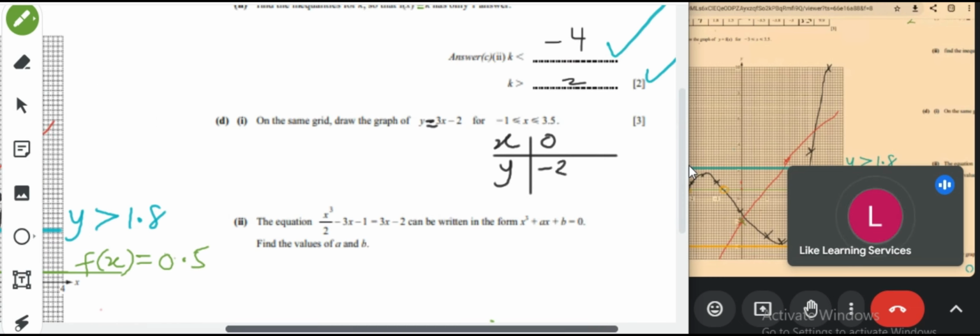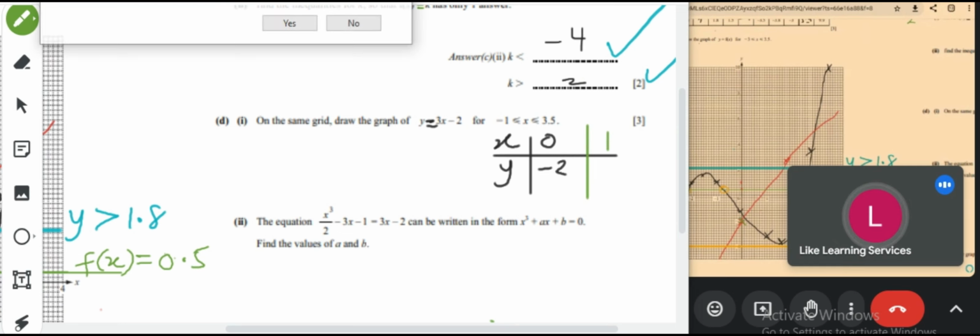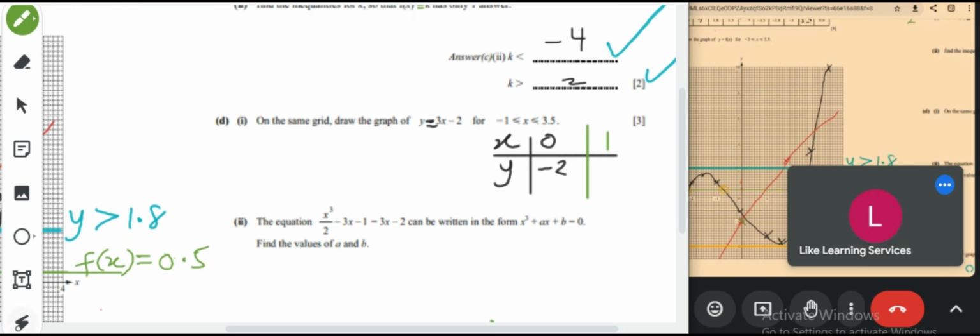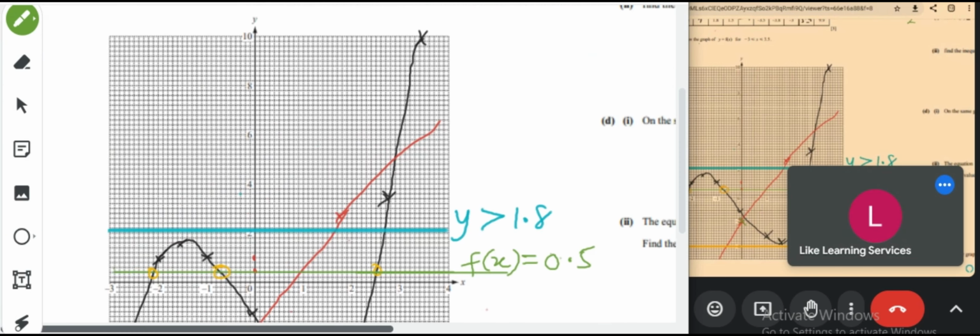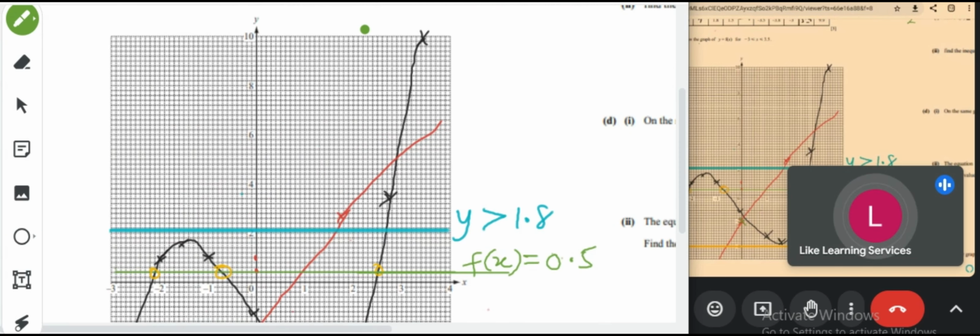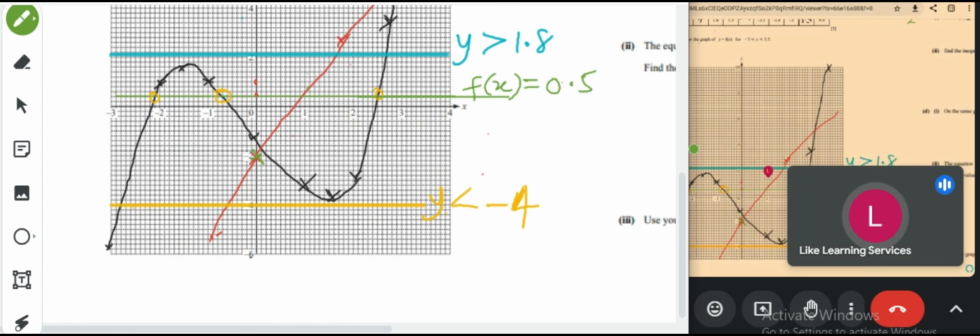Maybe when x is 1, what is y? 3 times 1 minus 2. That's 1, am I right? When x is 1, y will be 1. I can see it's exactly where you plotted. Okay, no problem. Since you couldn't draw a proper straight line because of the device you used, I will just say, since I can draw it now, let me just clean it.